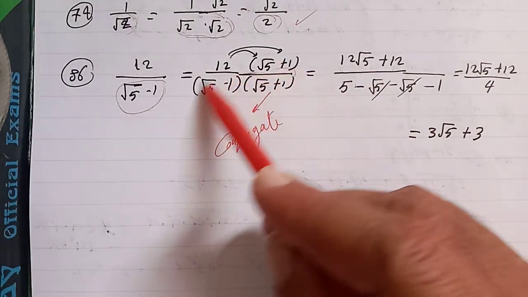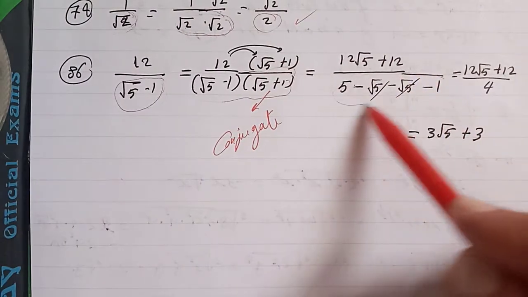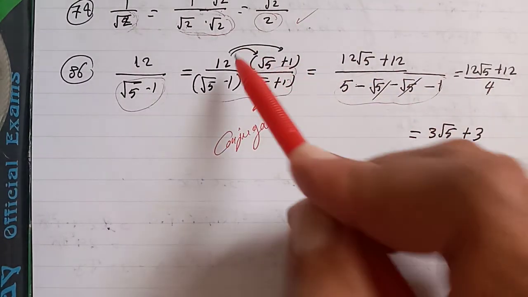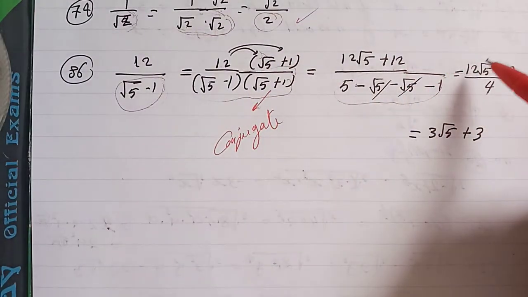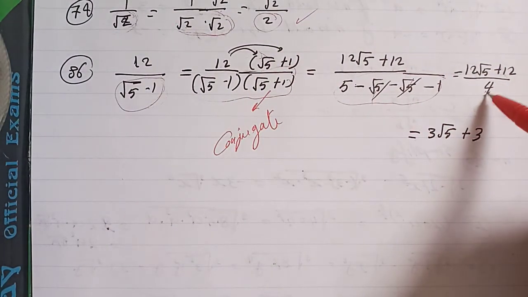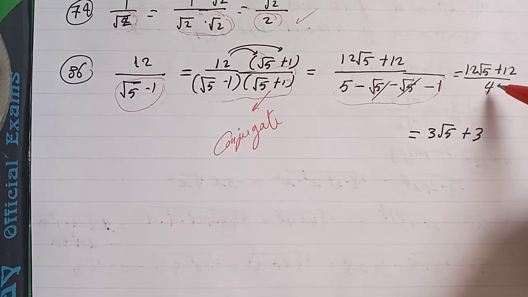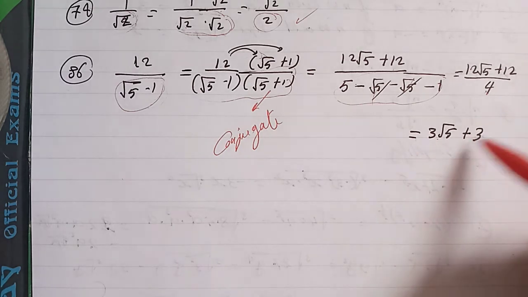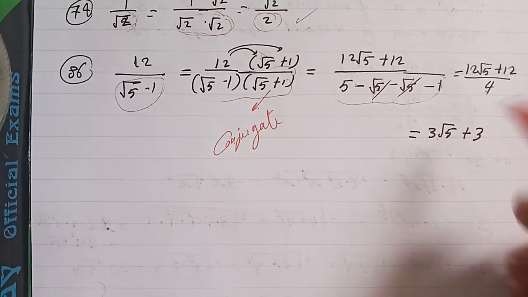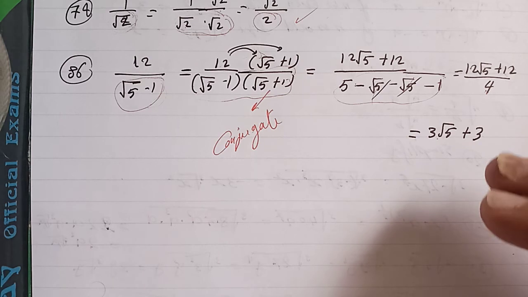If you multiply the denominator, you will get 4 in the end. If you multiply the numerator by 12, distribute the 12, and then simplify. Negative 12 divided by 4 equals 3, and 12 divided by 4 equals 3 root 5. Finally, it doesn't have a root in the denominator, because if you have a root in the denominator, it will be a math error.